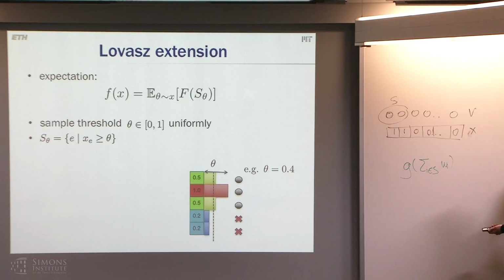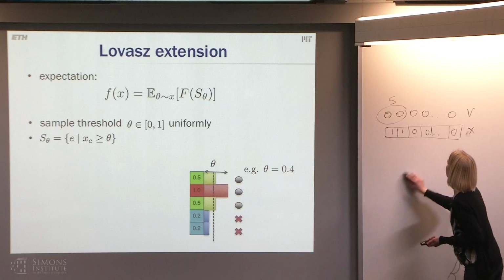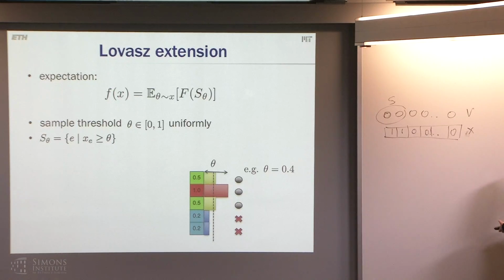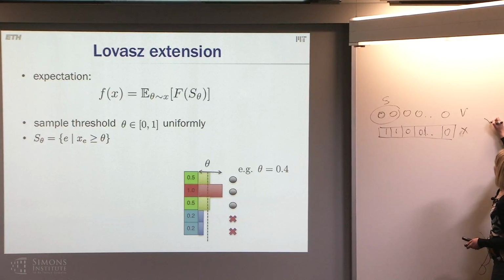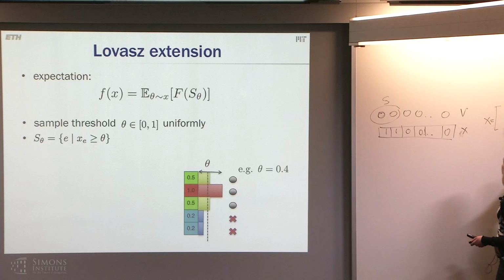Just to show you that this actually already gives some interesting functions, let me give you two examples. Let's say we have our special example vector, which is 0.8 and 0.5. It could be really anything. Which means our ground set has two items.